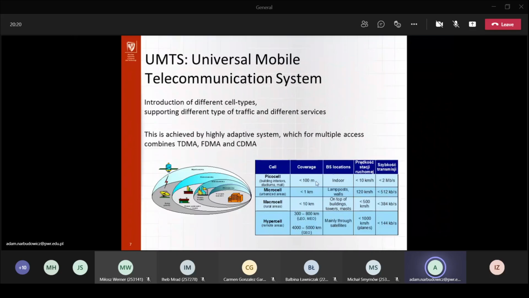And also, the channel itself will be more dynamic because, according to the standards, it is expected to support up to 120 kilometers per hour, which is, for instance, what you would experience if you're driving a car on a motorway or on a bypass. Those are not uncommon speeds, right?